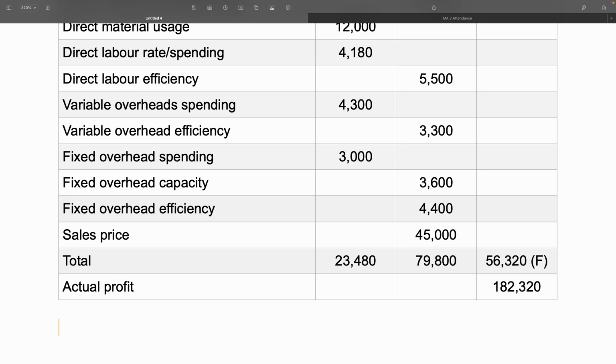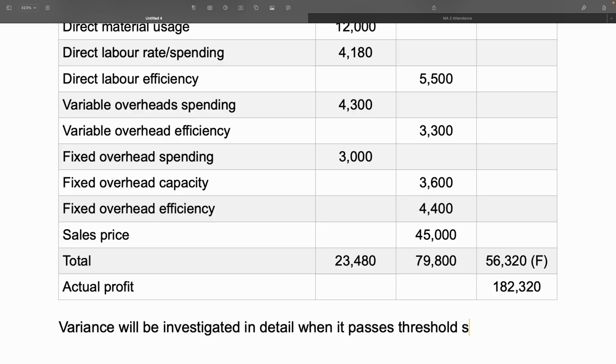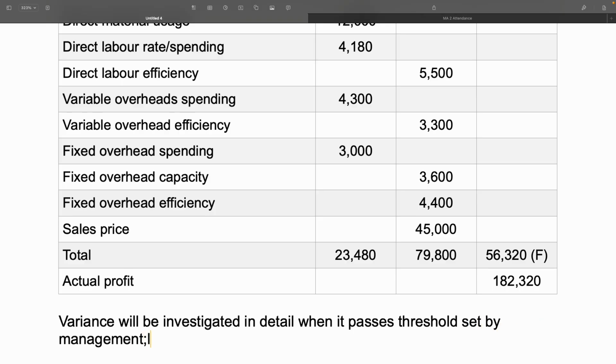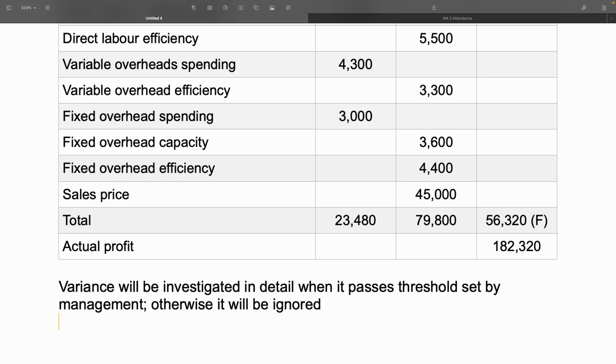Remember, now variance will be investigated in detail when it passes threshold set by management. Otherwise, it will be ignored. Okay, remember, it will be ignored.